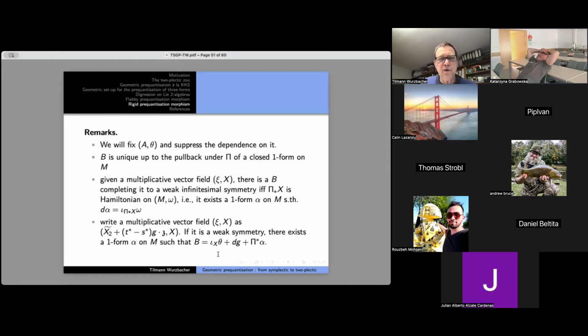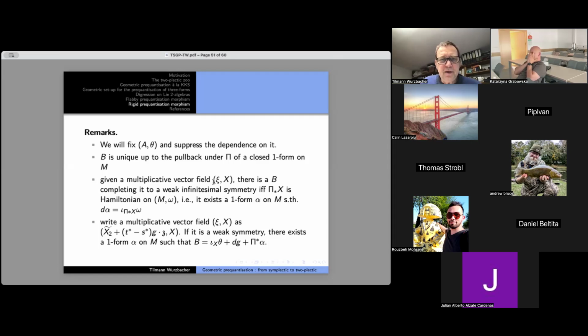Okay, in the notation, we will suppress A and theta. It's fixed. B is not unique. This is clear. You make an easy calculation. You take a closed one form on M, then it disappears in the formulas. And then there's an important observation which relates to multi-symplectic geometry.